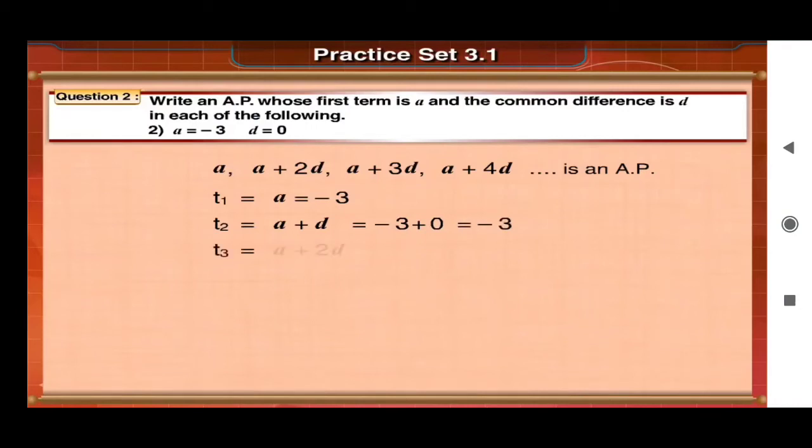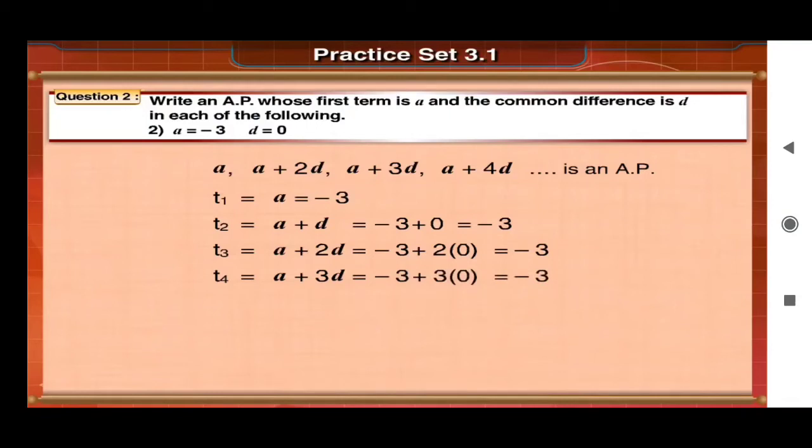T3 is equal to A plus 2D, which is equal to minus 3 plus 2 into 0, that is equal to minus 3. T4 is equal to A plus 3D, that is equal to minus 3 plus 3 into 0, which is equal to minus 3.